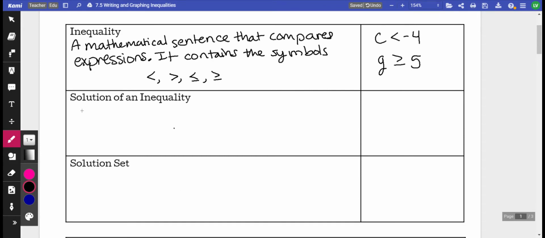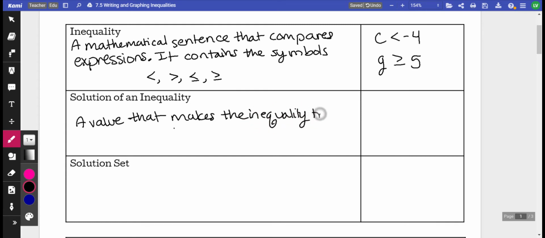A solution of an inequality is a value that makes the inequality true, such as x plus 1 is greater than 7.